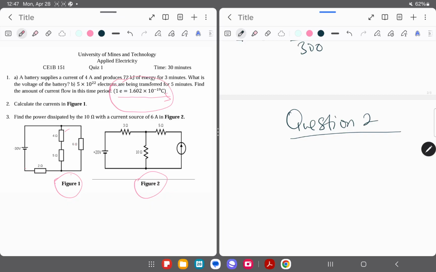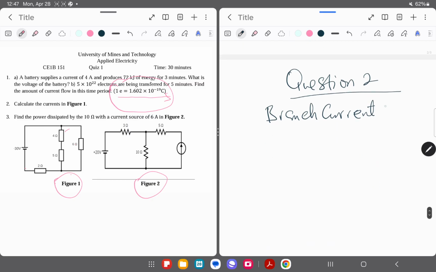And with this question, I'm going to be using the branch current method. So this is going to be the method I'll be using for question 2.